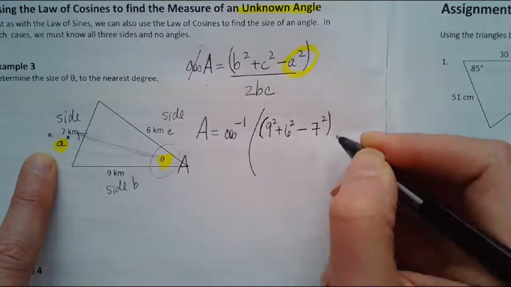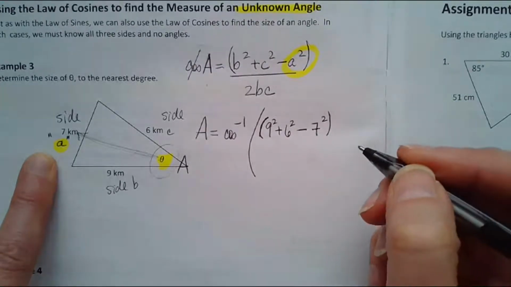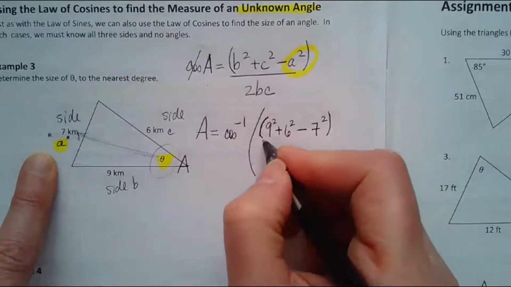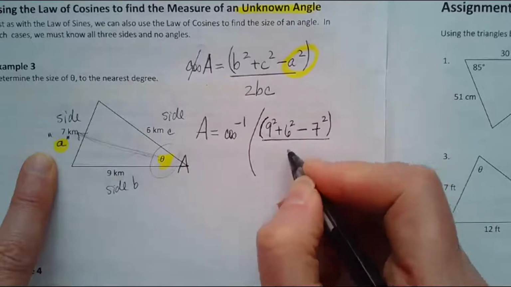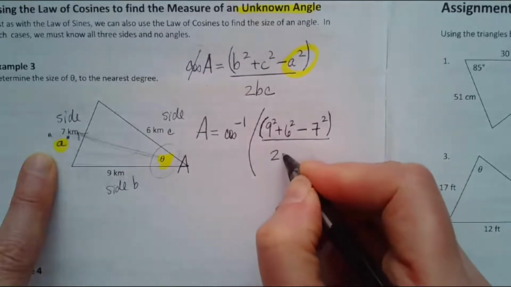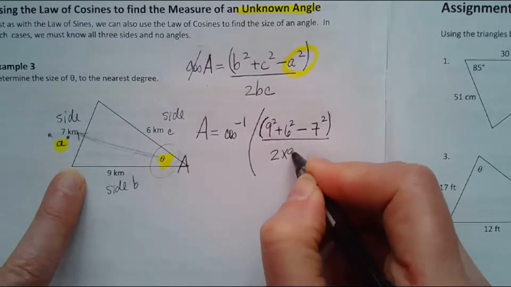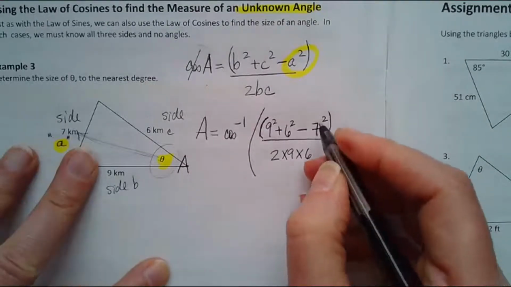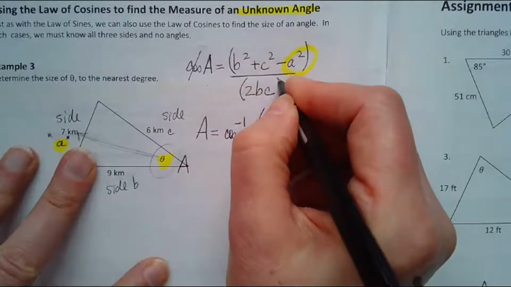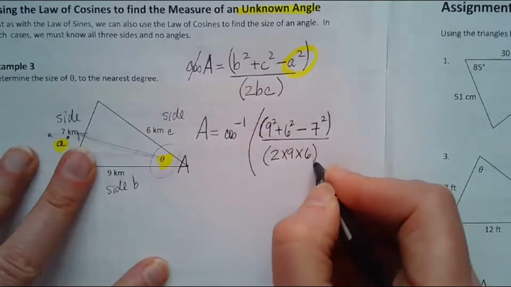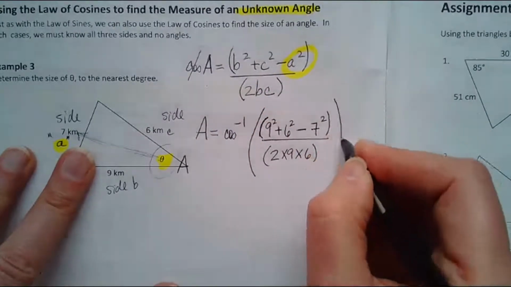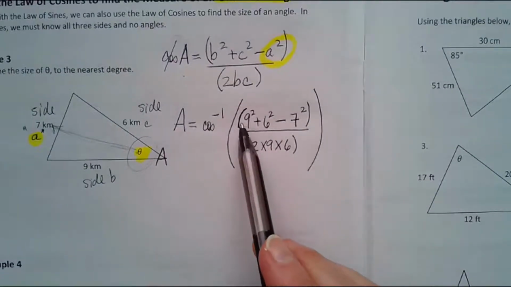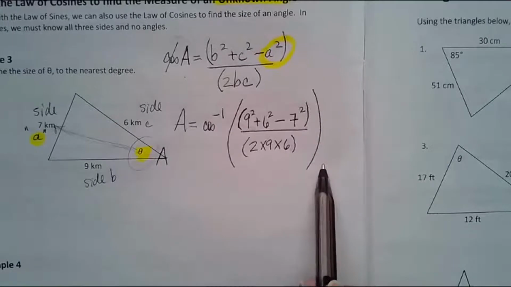And I'm closing the brackets. This is a very, very technical question. And now I'm going to divide out 2 times B times C. Okay. And I'm going to bracket these guys too, right? That makes sense. So in all, you're going to have 1, 2, 3 sets of brackets.